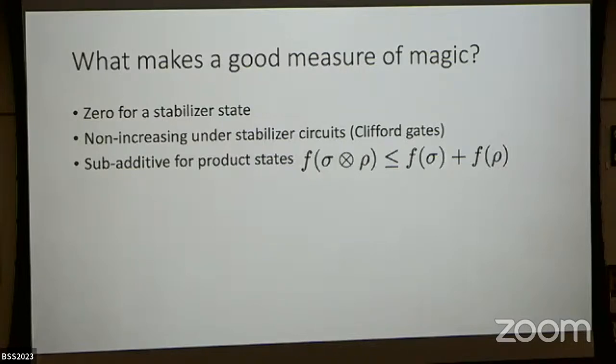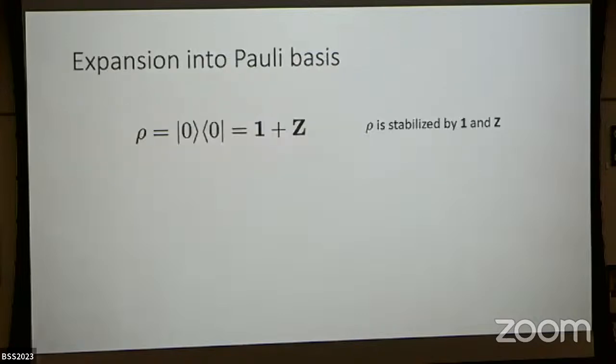I shouldn't be able to add magic by doing Clifford gates, right? And then the other thing is that it be sub-additive for product states. So if I take the tensor product of 2 states together, I can't create magic somehow, okay?